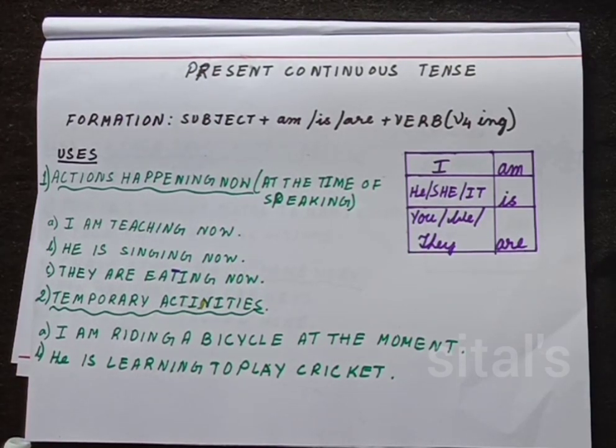So we use the present continuous tense to talk about actions happening now, at the time of speaking, and also for stating temporary activities. Suppose, for example, he is learning to play the violin.